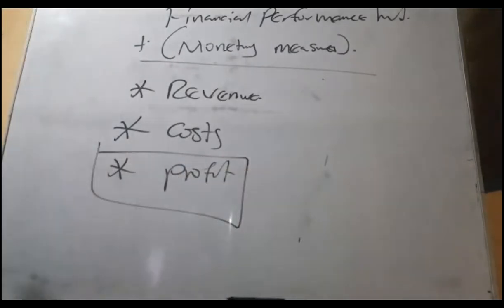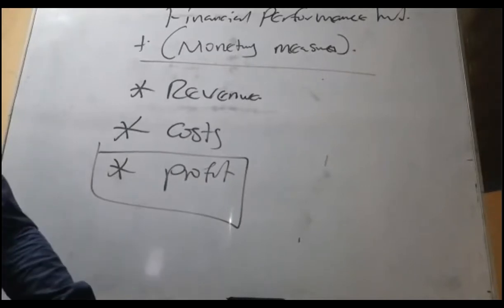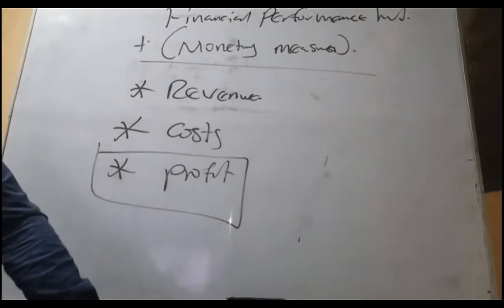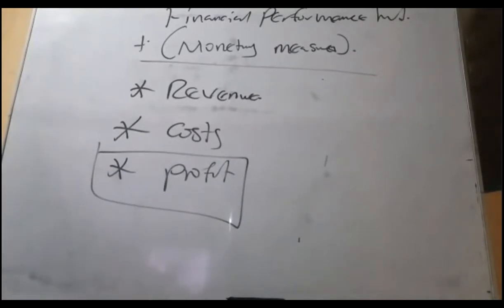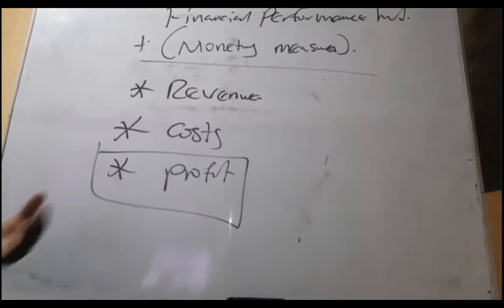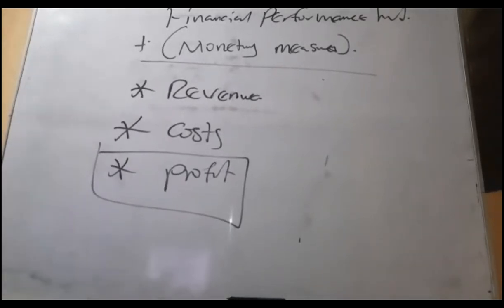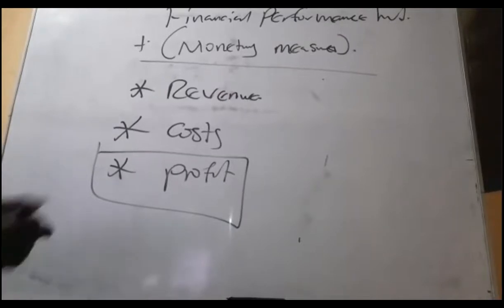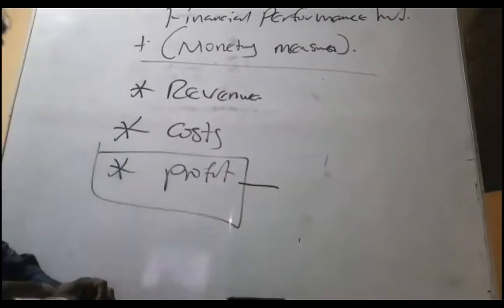This has been the major target because profit maximization is almost the ultimate goal for most businesses. It is the most common measure of all, because profit maximization is usually cited as the main objective of most organizations. Great. So here you can set an objective of increasing the profit by, let's say, 20,000 cedis.